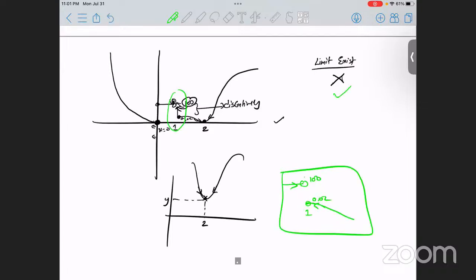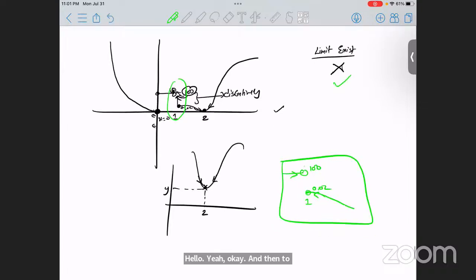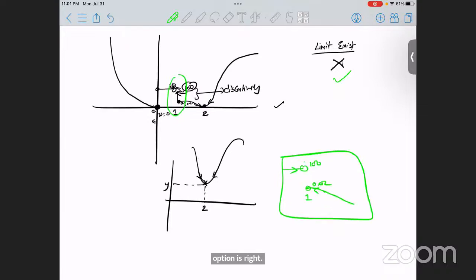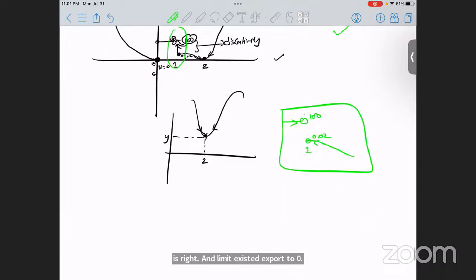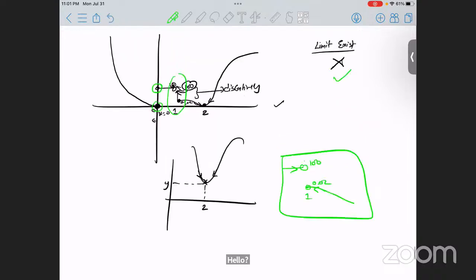And the limit exists at x equal to 0. Tell me the answer. Look, at x equal to 0 there are two possibilities, this and this. There is a sudden spike. If you go from this direction, it will be 100. If you go from this direction, it will be 0.